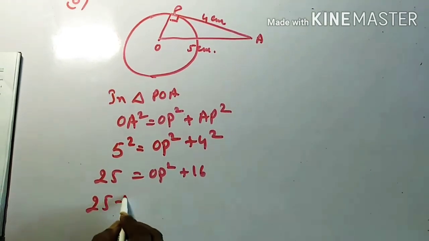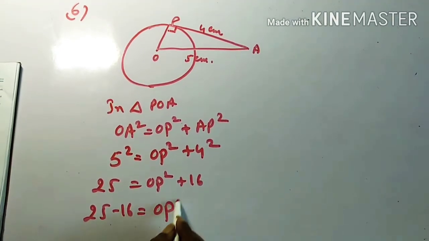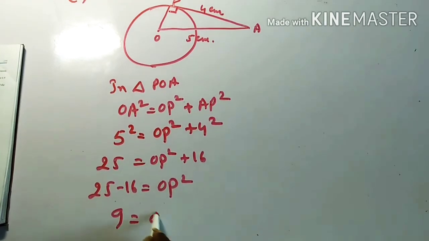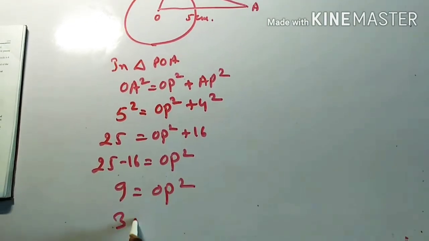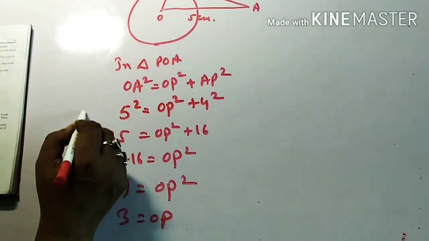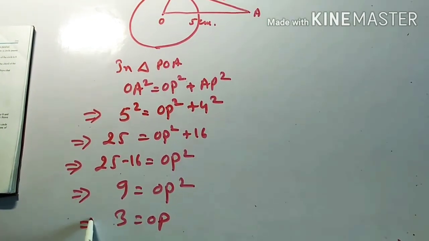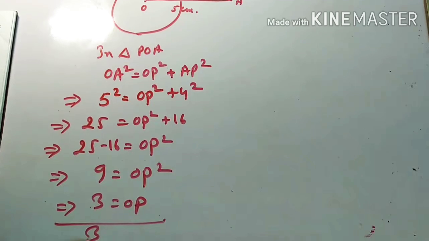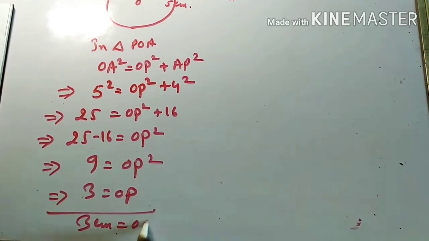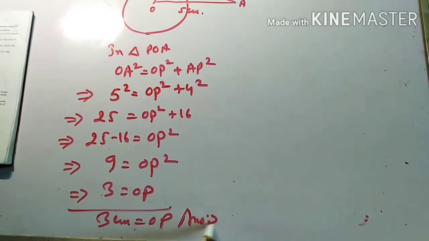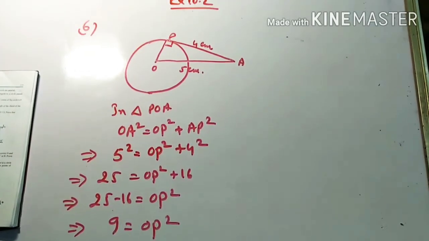So 25 minus 16 is equal to OP square. 9 is equal to OP square. 3 is equal to OP. So OP is 3 centimeter, which is your answer.